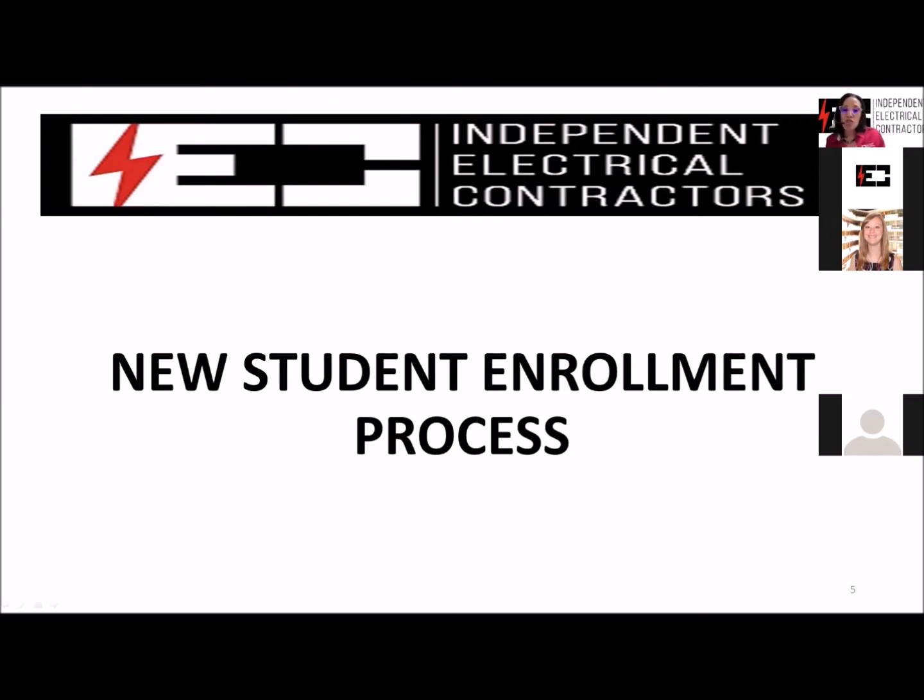So we are so excited for this new enrollment process, because now if you have a new student or a new applicant, that process is the same. They still go to our website, they still apply. But now that you have access to Flashpoint, and now that we're utilizing Flashpoint for the student enrollment, you will actually go in to Flashpoint.